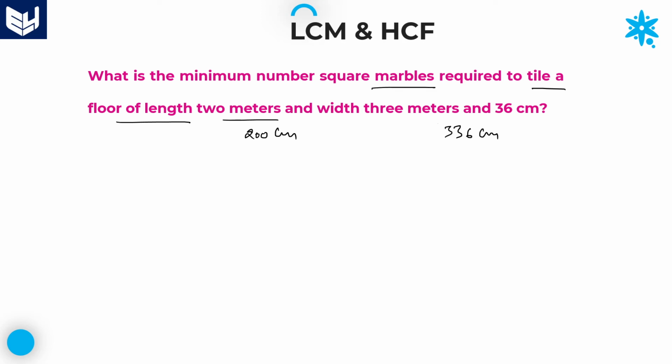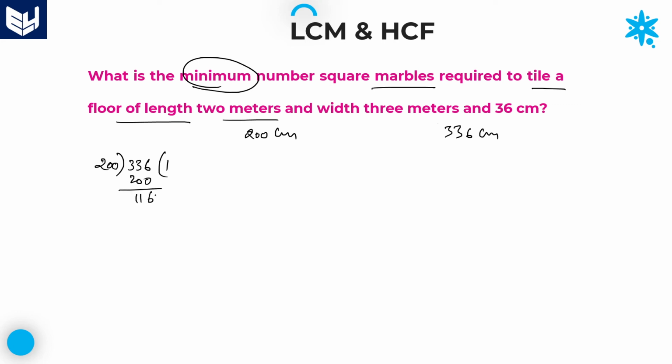Here also we need to calculate the minimum number of square marbles. If we want to use minimum square marbles, that particular marble size should be maximum. So first calculate the HCF of these two, 336 and 200. Divide the greatest value by the smallest value.